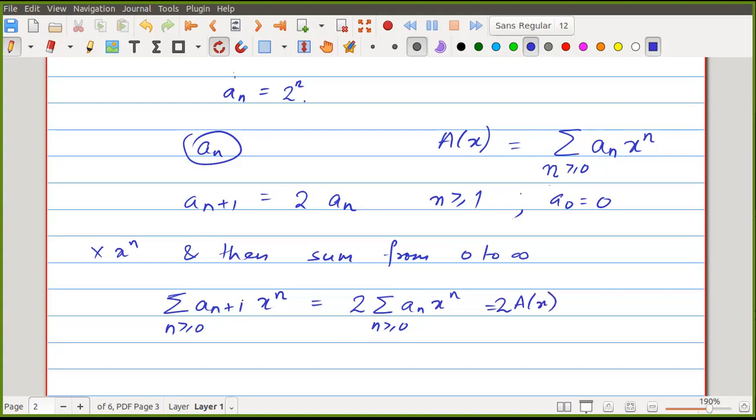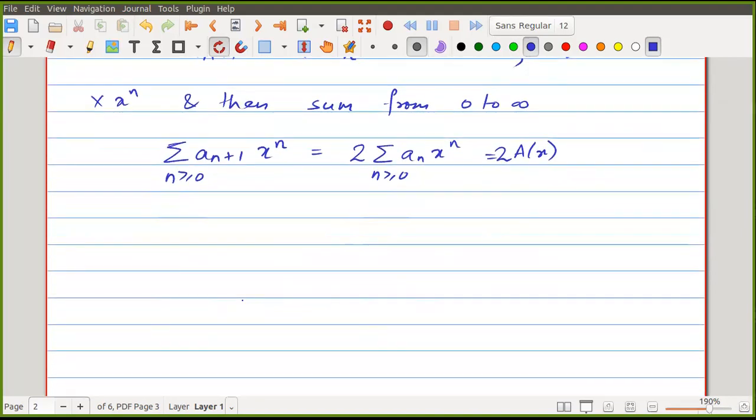And what is this really? So let's expand and see this. This is a1 plus a2x plus a3x square and so on, which is equal to 2A(x).